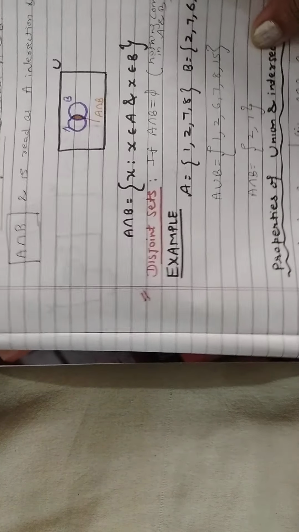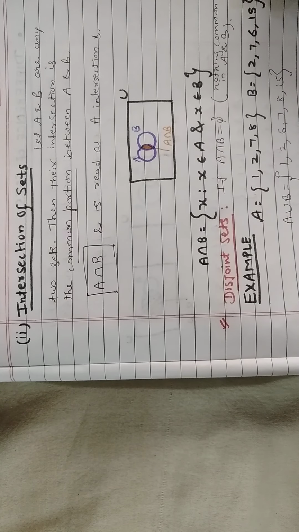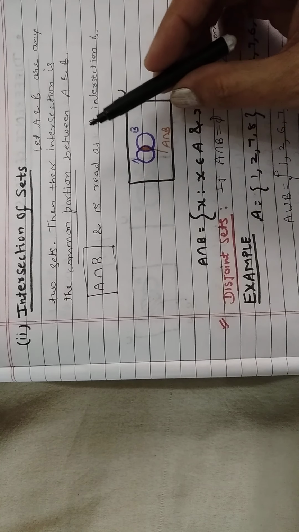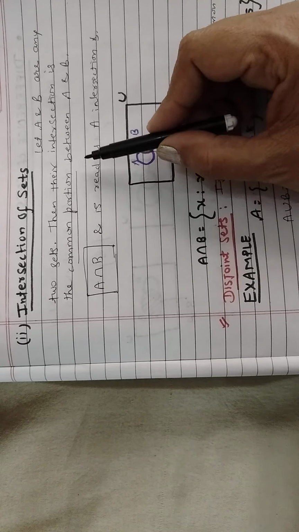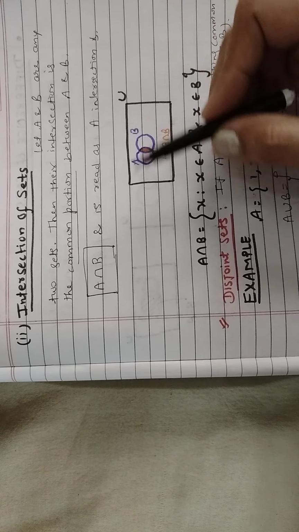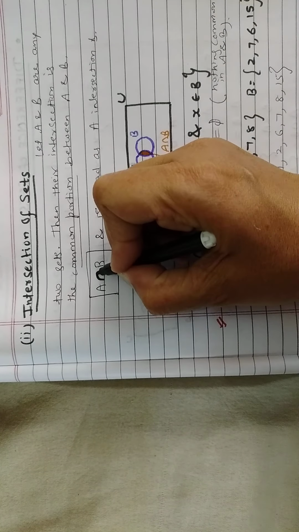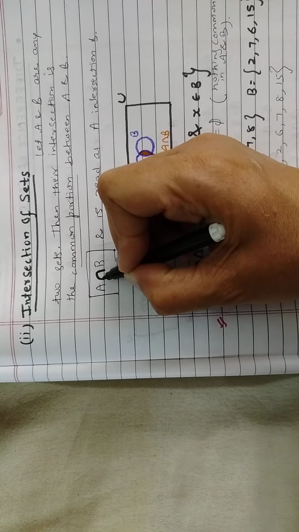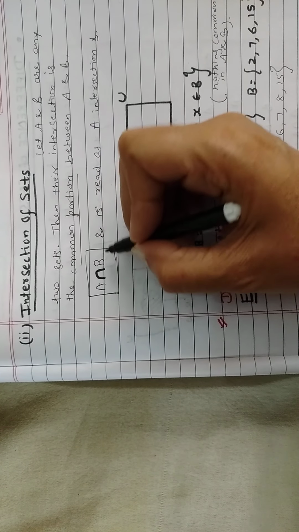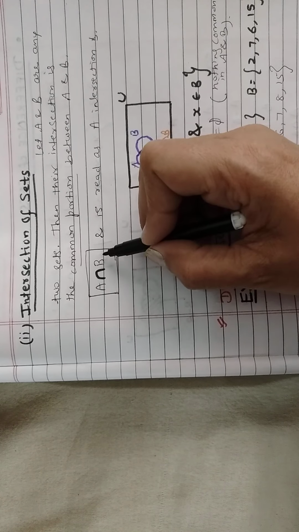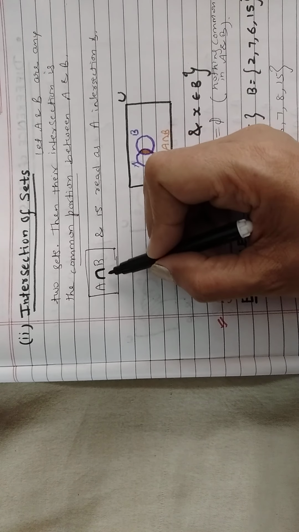Now next is the intersection of two sets. Suppose A and B are two sets, then their intersection is represented by their common portion, and it is written as A intersection B, with the reverse U symbol. How will you read this?